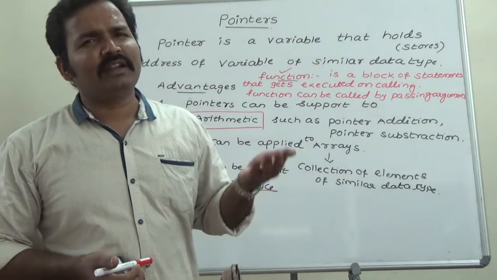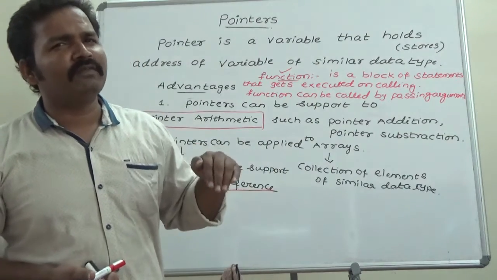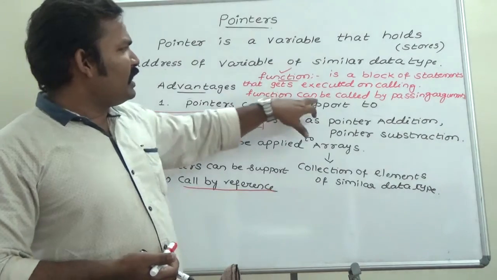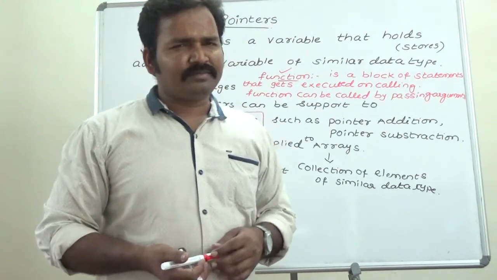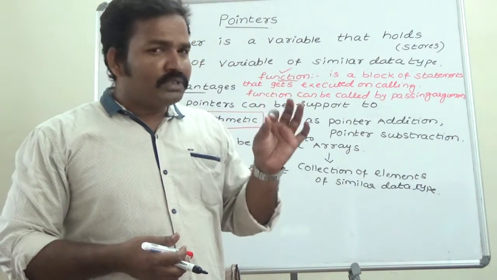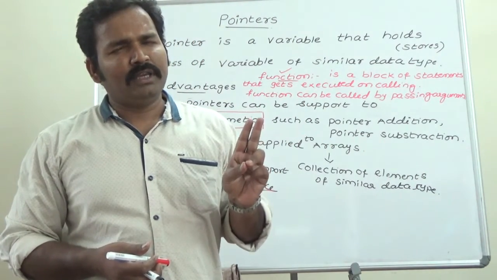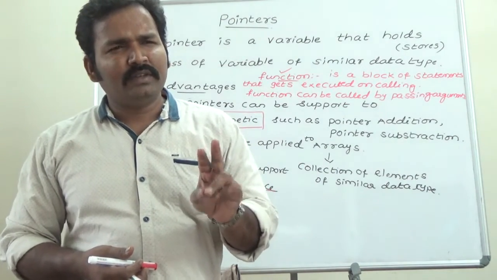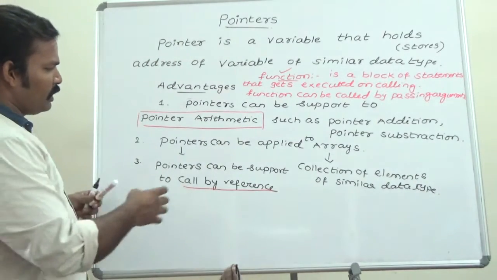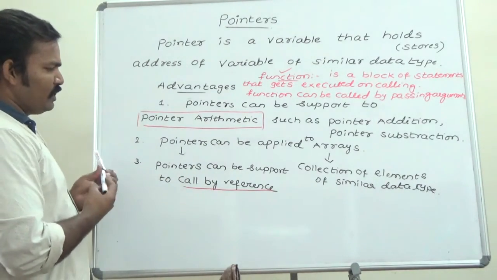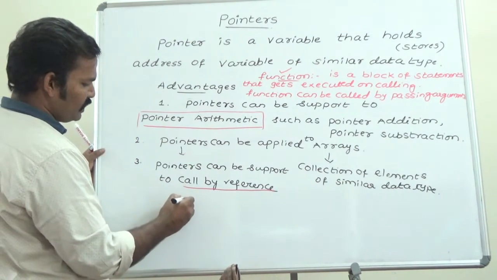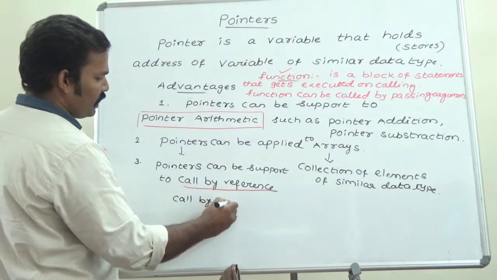An argument is a value which is sent from the calling function to the called function. By using two mechanisms we can pass arguments. What are the two mechanisms? One is call by reference and the other one is call by value.